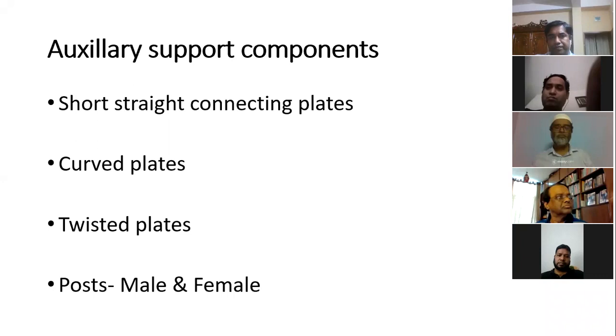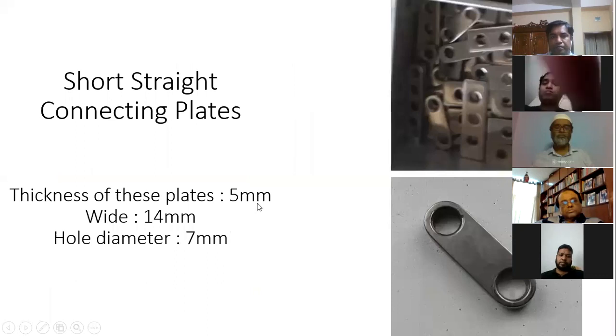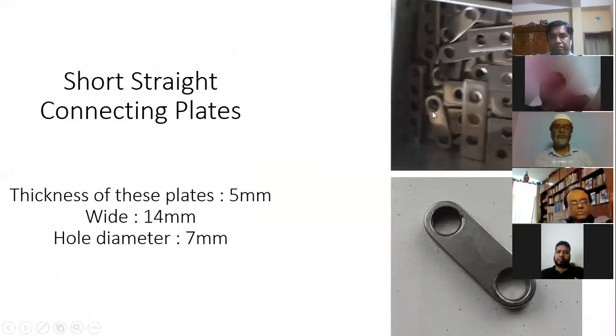Today's topic is auxiliary support components: short straight connecting plates, curved plates, twisted plates, and posts, male and female. Here are the short straight connecting plates. You can see there are a lot of connecting plates with 4 holes, 3 holes, and 2 holes.